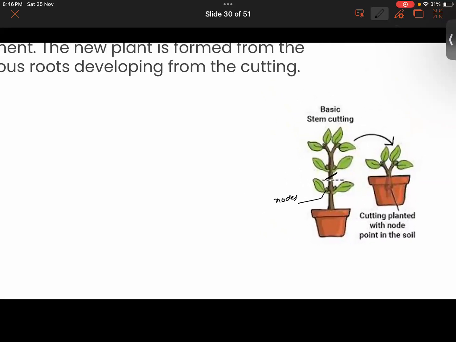Sometimes we first keep it in a solution that has some rooting hormone in it. Naturally also the roots will eventually grow out from that cut portion of the stem. But if you first dip it in the rooting hormone and leave it for a few hours, the roots will develop more quickly.